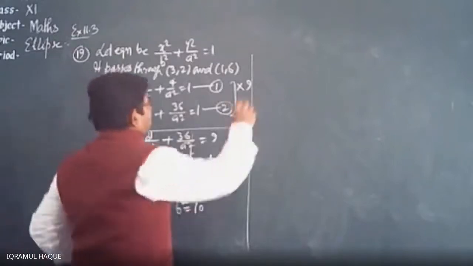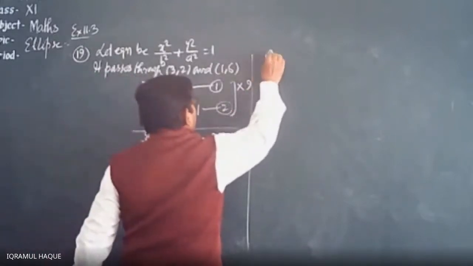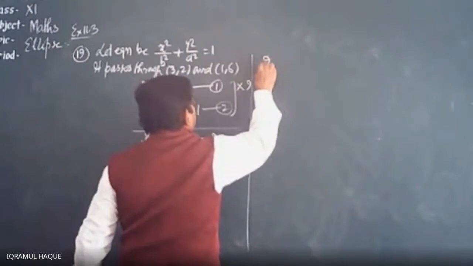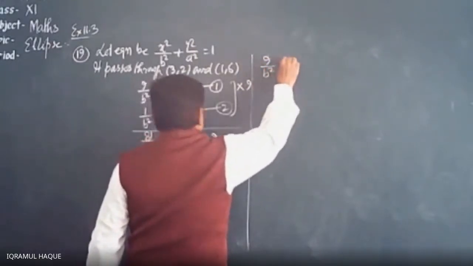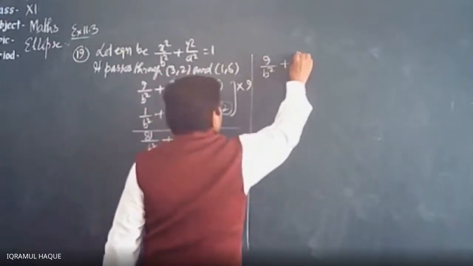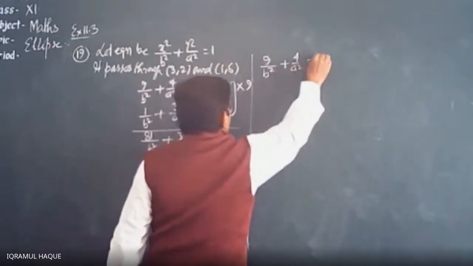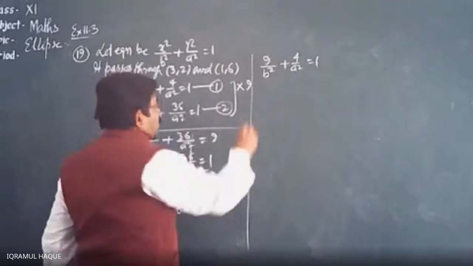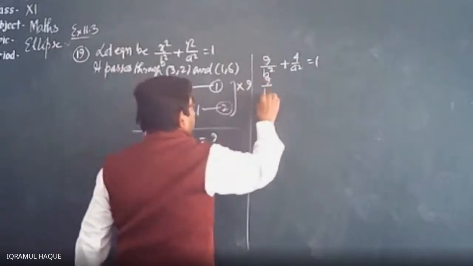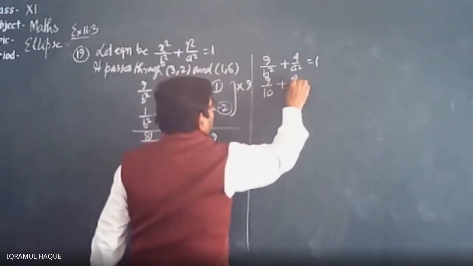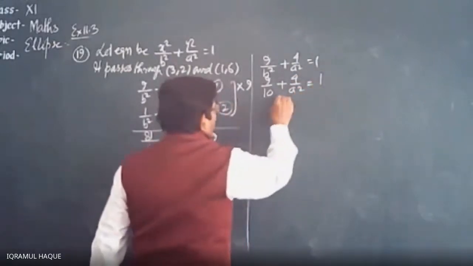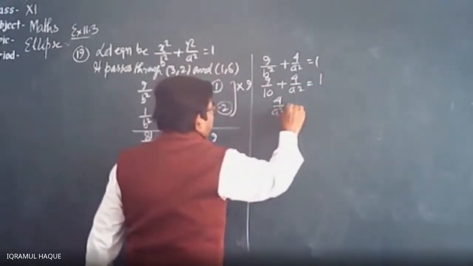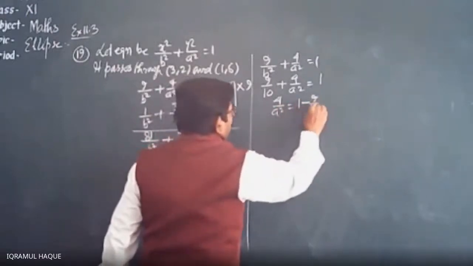Write the value here. 9 upon b square plus 4 upon a square is equal to 1. Write the value of b square. 9 upon 10 plus 4 upon a square is equal to 1. 4 upon a square is equal to 1 minus 9 upon 10.